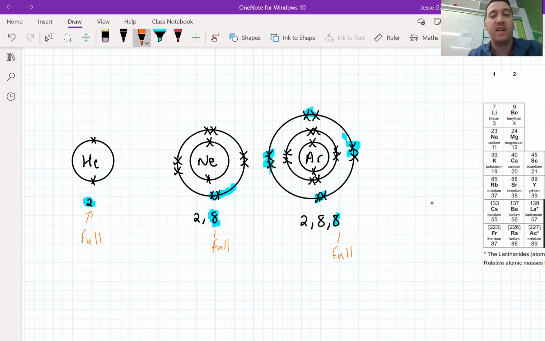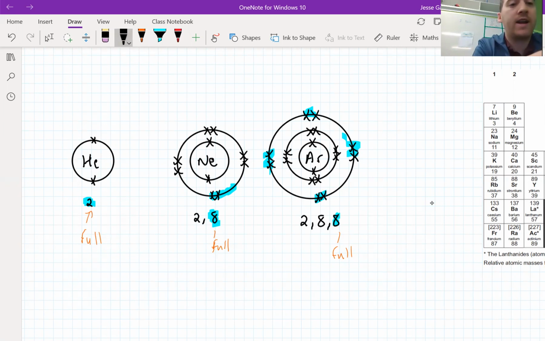Chemistry is all about the movement of electrons from one atom to another. When things react, electrons move from one atom to the other, or they get shared between atoms. You're going to see this in the next couple of lessons. But the key idea is they're doing it so they can be more stable. They're trying to be like these elements, which are really stable.